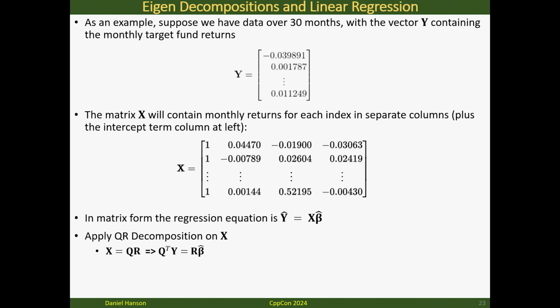So if we substitute X with QR, what you get on the right-hand side of the arrow then is Q transpose times y equals R times beta hat. We get rid of the Q on the right-hand side because we pre-multiply by Q transpose, and because it's orthogonal, we get the identity matrix. And because R is upper triangular, we get a triangular system, which is easier to solve numerically.